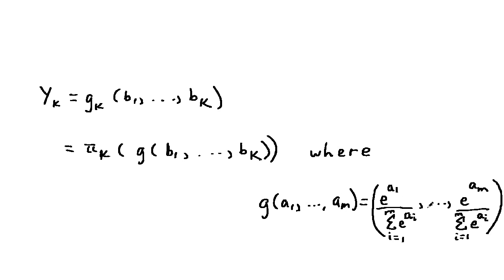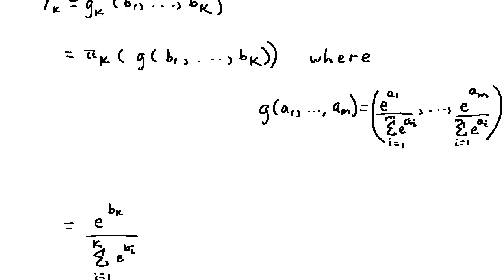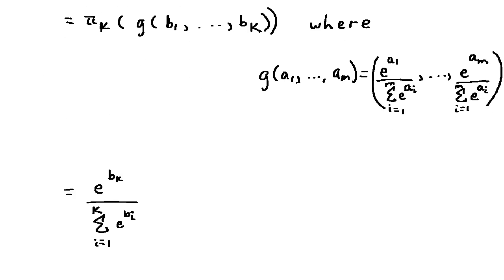Okay, g is the softmax function. So pi sub k of this is going to be e to the power b sub k over the sum of e to the b sub i. Okay, that's the kth projection of this.